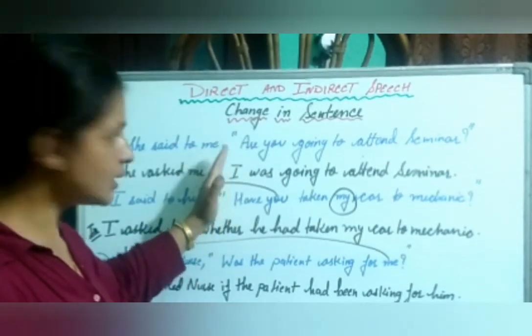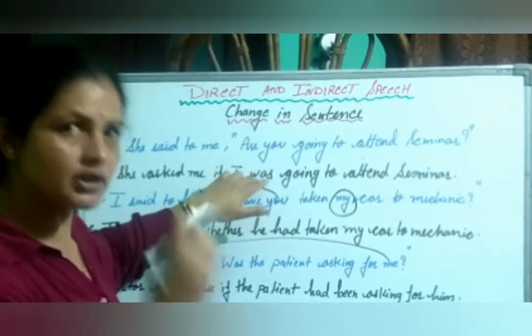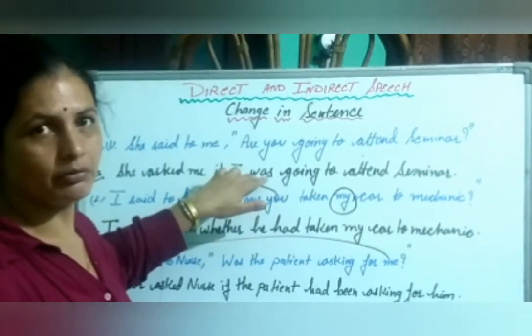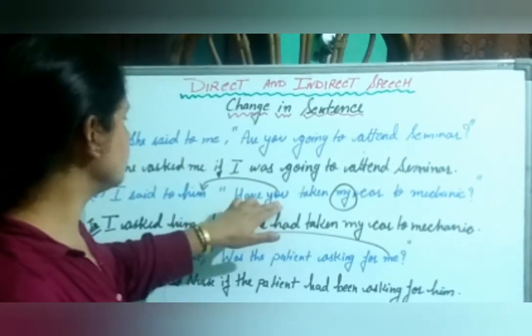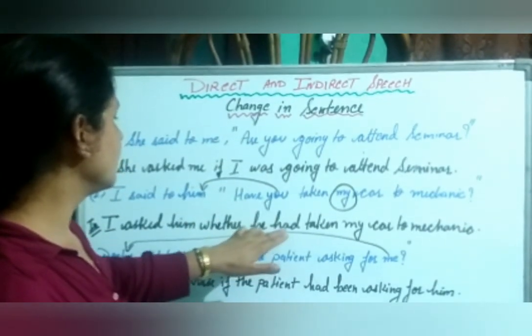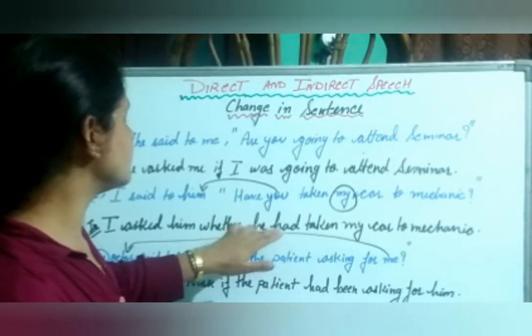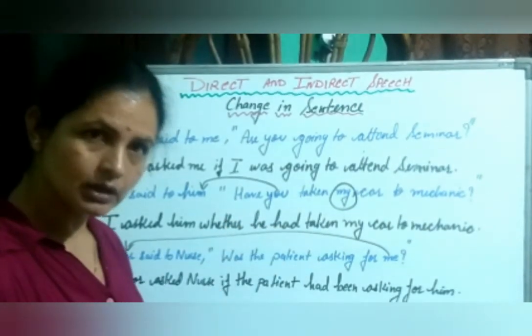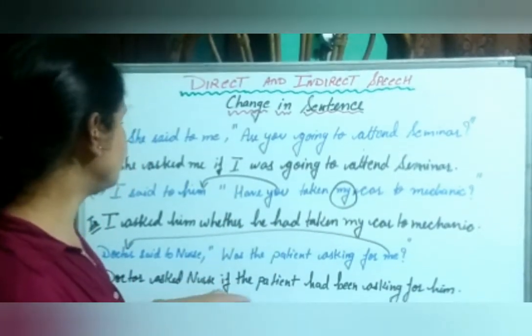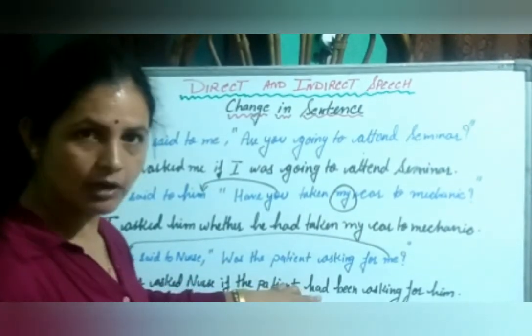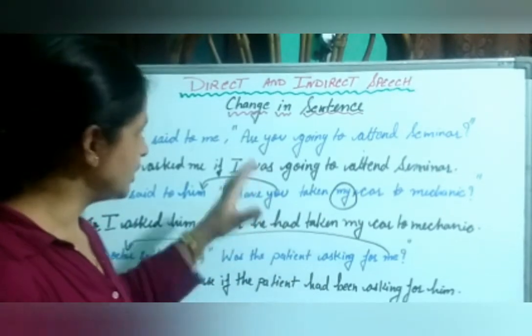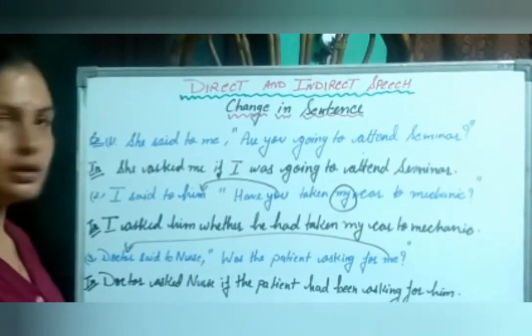First we use the subject, and after the subject we use the helping verb. In interrogative sentences you can see "have you," but here in the affirmative first we have written the subject and then later the helping verb. Again "the patient had been," so first there is the patient and later "had been." So these are the changes in the sentence.